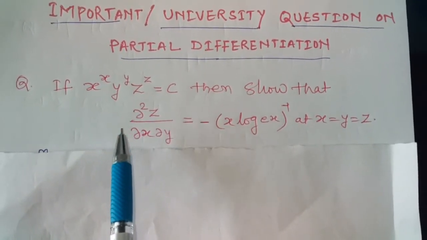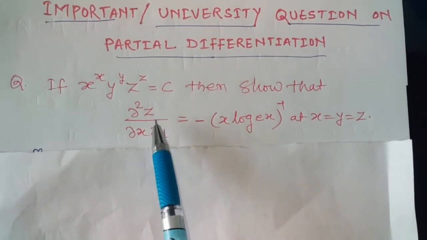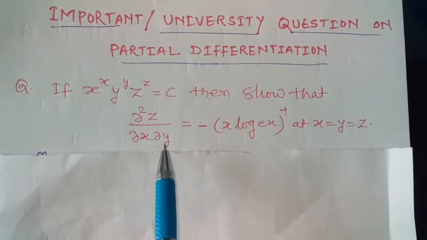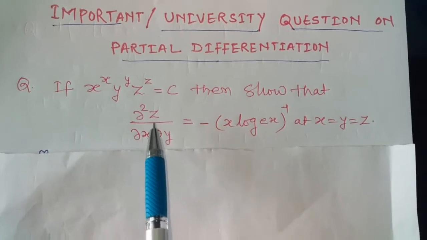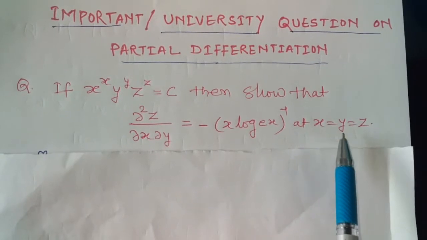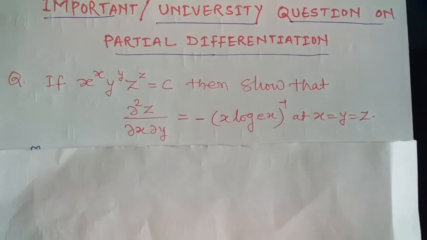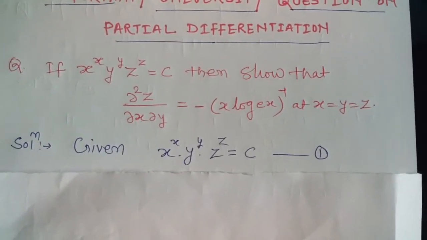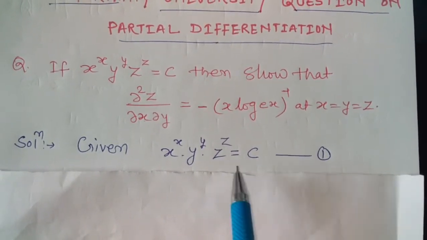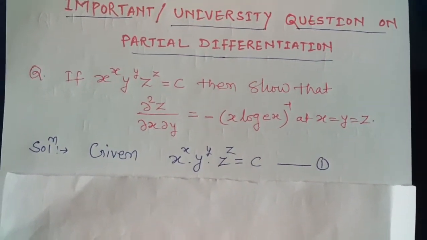From this notation of the operator, it is clear that z is our dependent variable and x and y are independent variables, and we have to find this when x = y = z.